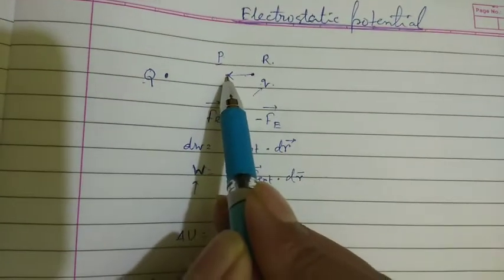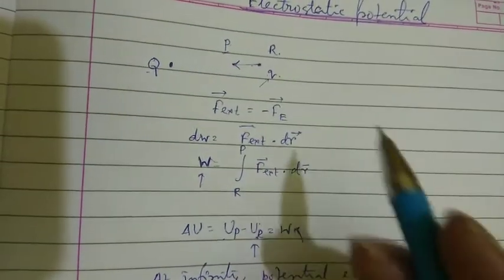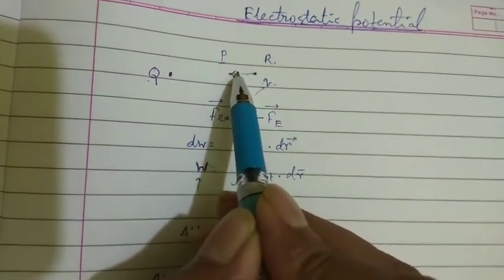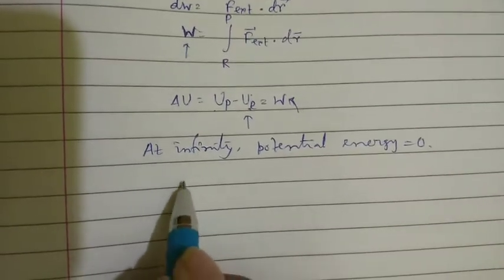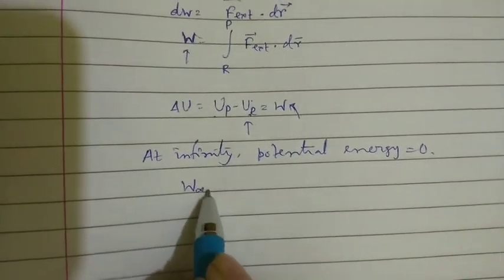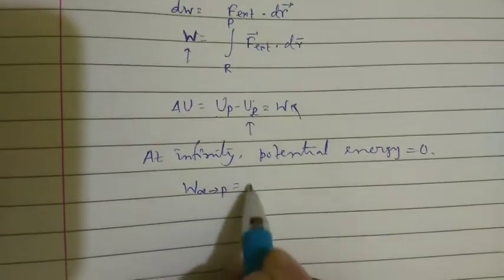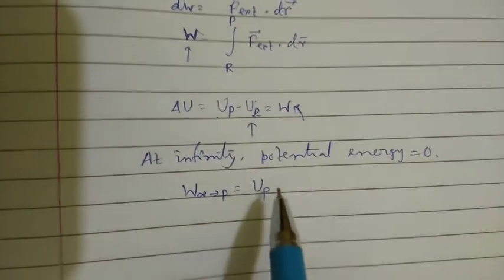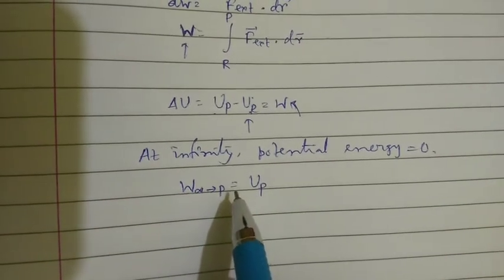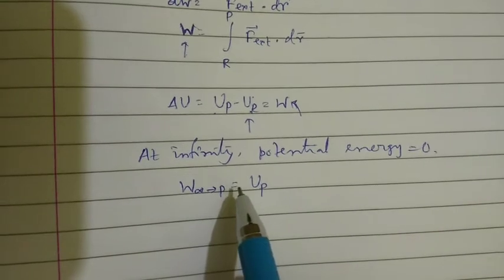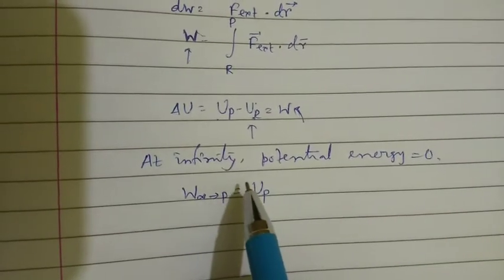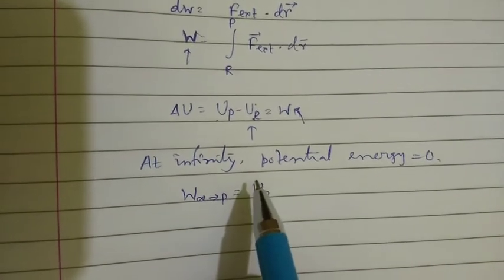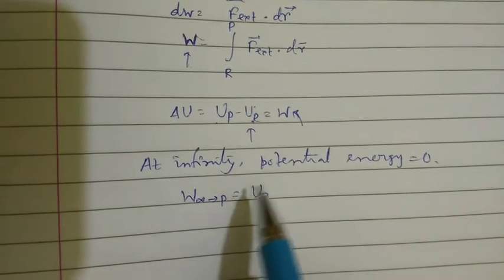So if we bring a charge from infinity to P, we will get the potential energy of the charge q at point P. You can write W from infinity to P equals U. We can say the electrical potential energy of a charge at any point is the work done by the external force in bringing the charge from infinity to that point.